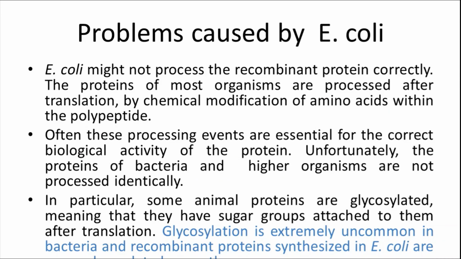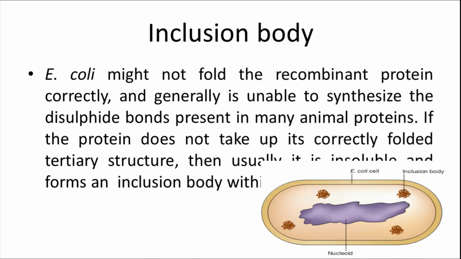Another problem is an E. coli based problem. I already told you about glycosylation. Glycosylation means finally a formed aggregate of protein. The protein forms an inclusion body. This inclusion body is the recombinant cloned protein. The individual proteins are once again aggregated, finally producing inclusion bodies.